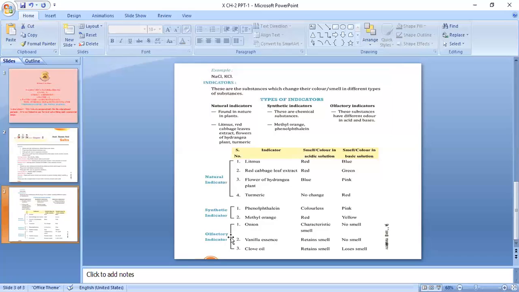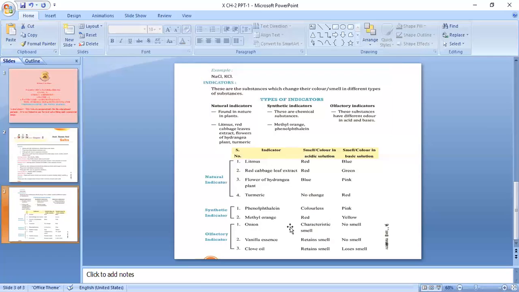Now let's discuss some of the common olfactory indicators. That is onion, vanilla essence, clove oil. Onion, all of you might be knowing, and you can do this experiment at your homes also. Onion, when added to an acidic solution, gives a characteristic smell. The smell of the onion is a characteristic smell, and it is only in the presence of an acid.